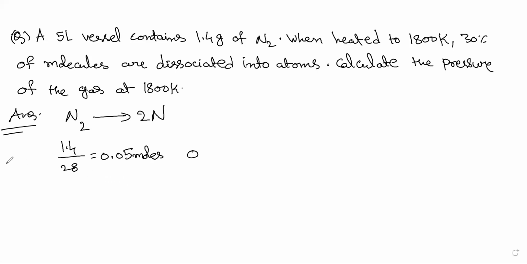This is the initial case. Now in the final case at 1800 Kelvin, 30% is dissociated, so only 70% remains: 0.05 into 70% here, and 0.05 into 30% here.